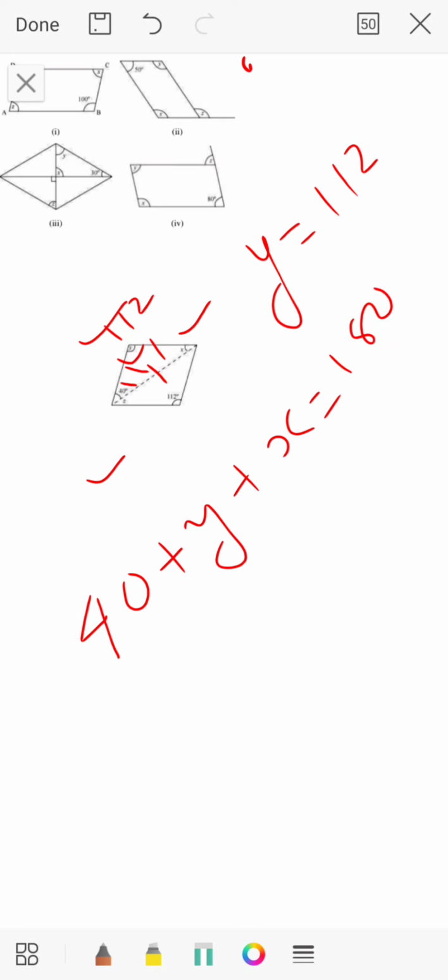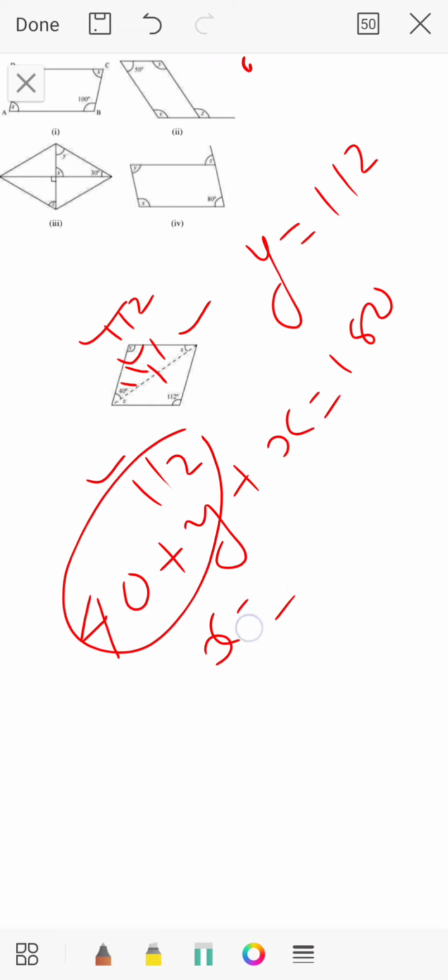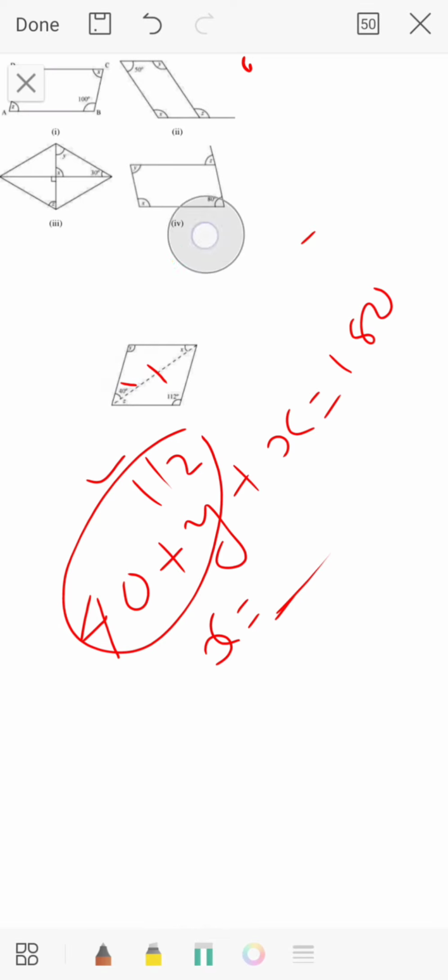I have applied the angle sum property. Adding these two and transposing, you will get the value of x. As soon as you get the value of x, you will get the value of z. How? Let me show you.